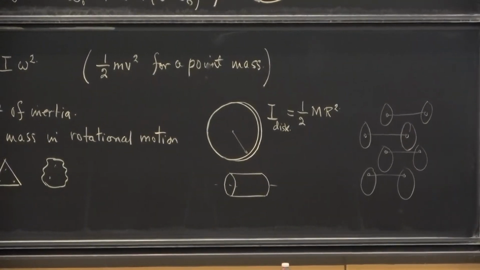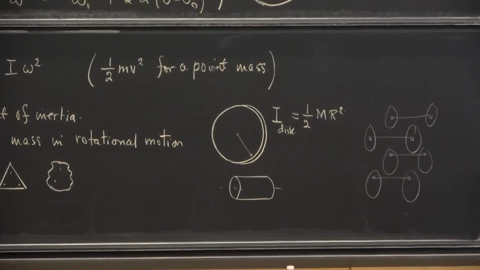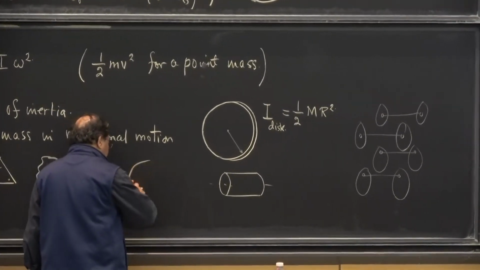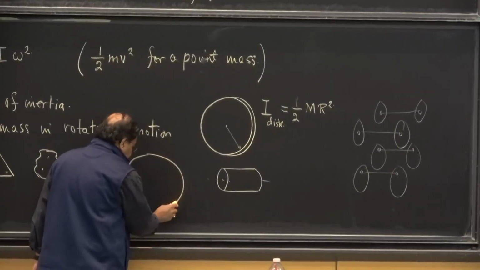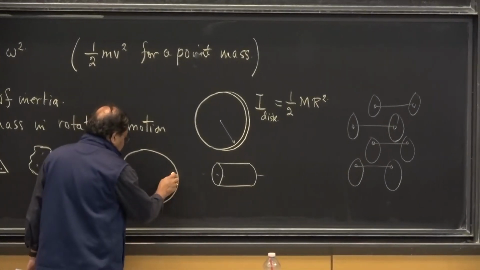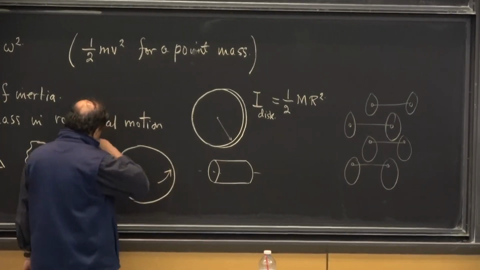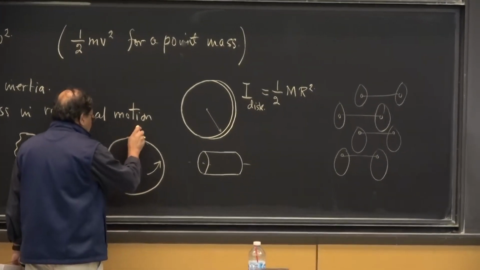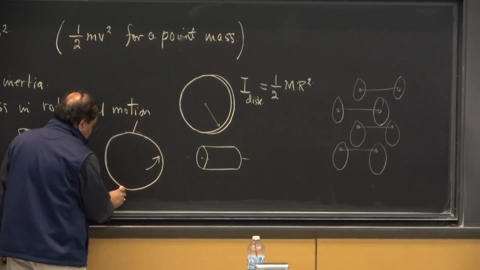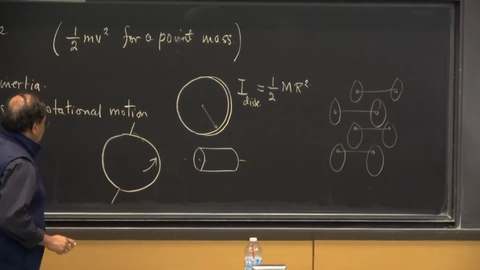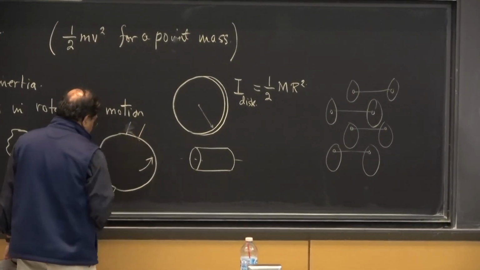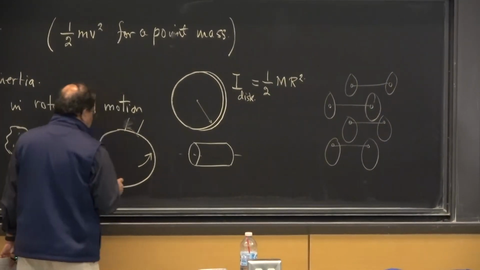Like I said, the shape matters. Now you can ask, for example, what is the moment of inertia of Earth, assuming that Earth is a sphere, which it is not, but approximately it is a sphere, going around its axis, which is tilted at some angle, 22.5 degrees or so, whatever. Not a very good sphere I have drawn, so forgive my artistic talents this morning.